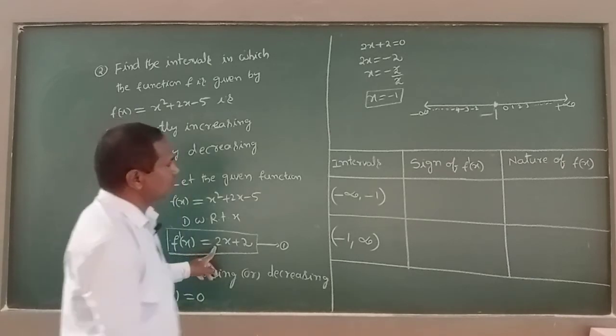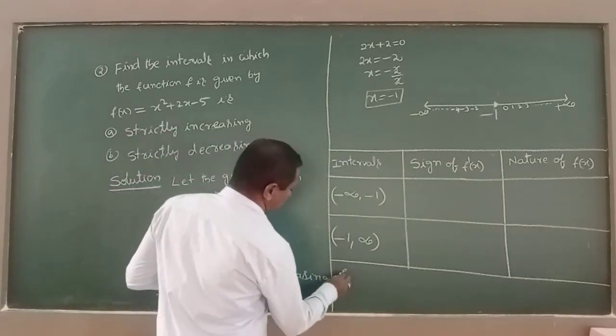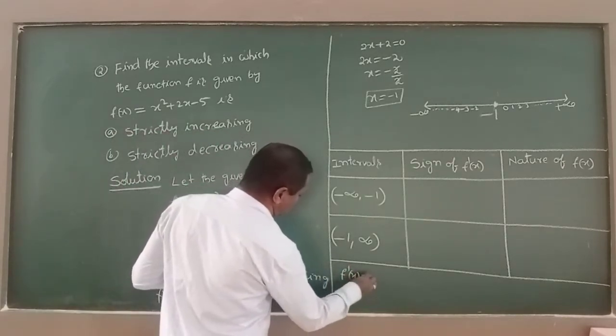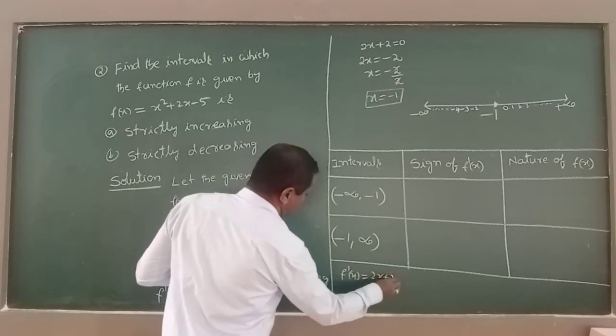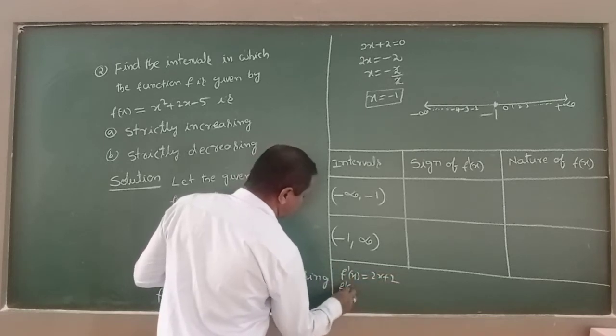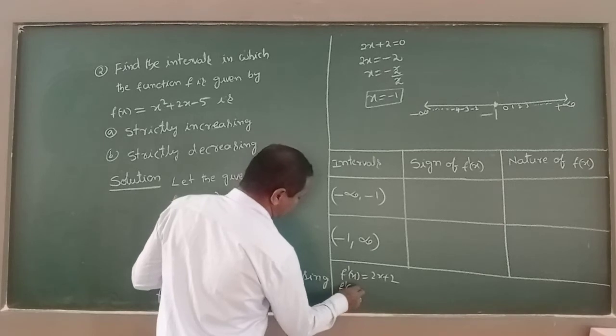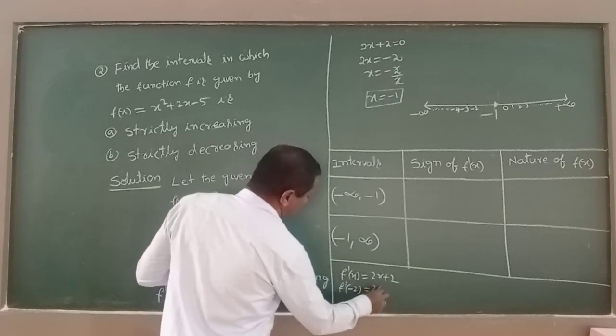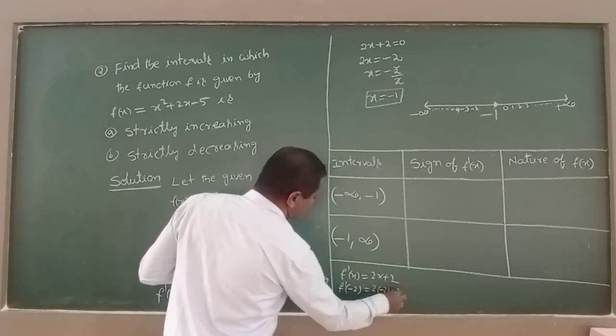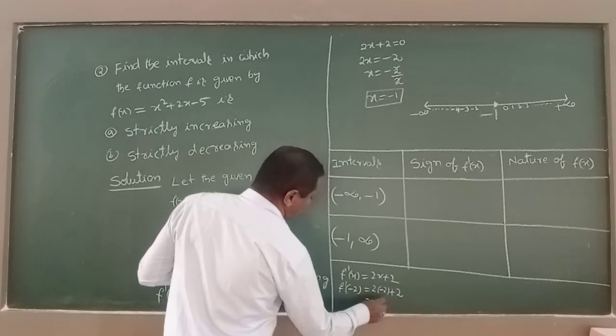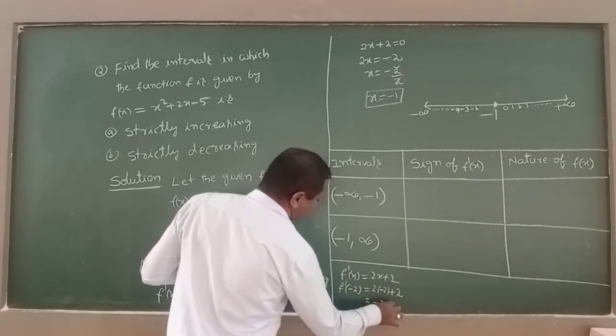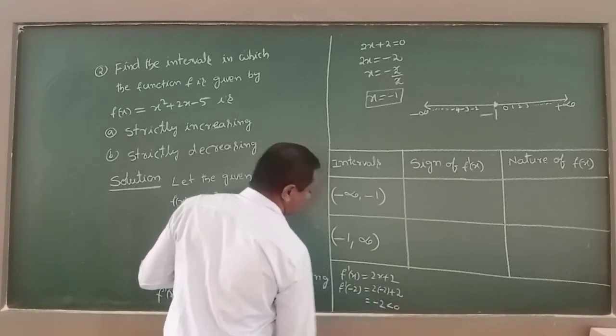Substitute here, f dash of x equal to 2x plus 2. f dash of minus 2 is equal to 2 into minus 2 plus 2. Minus 4 plus 2 becomes minus 2, which is less than 0.